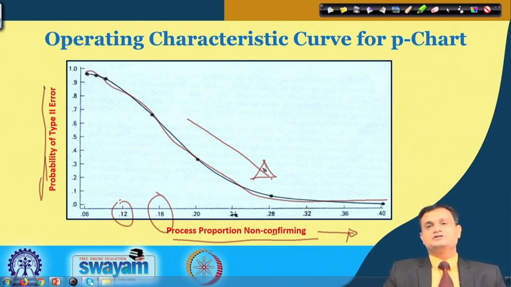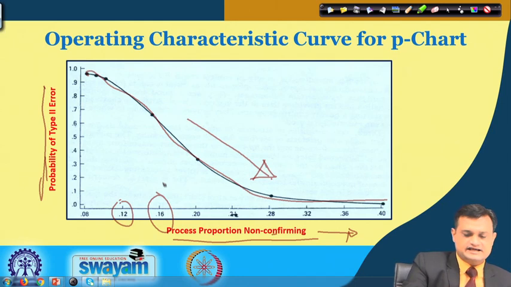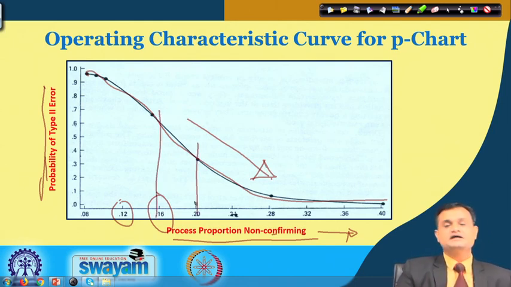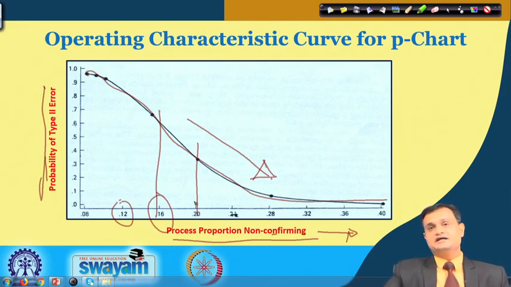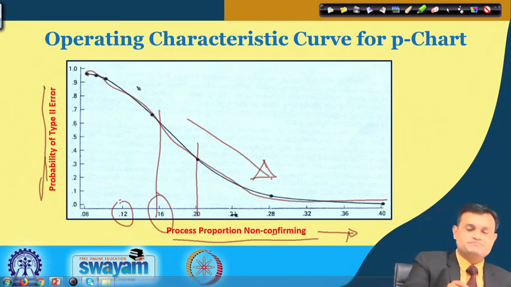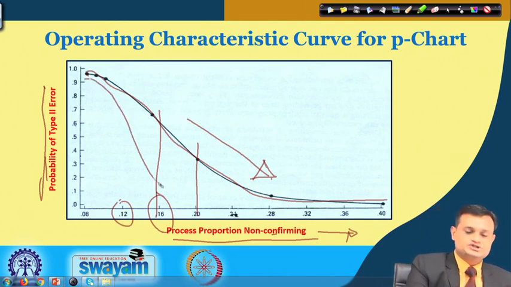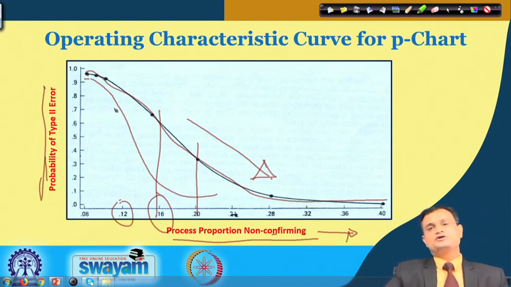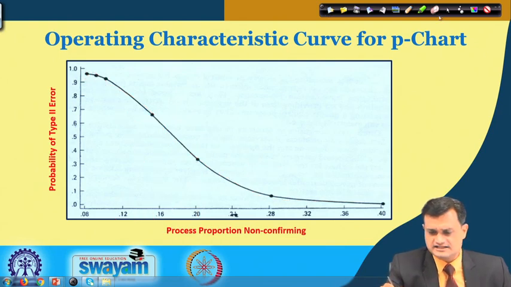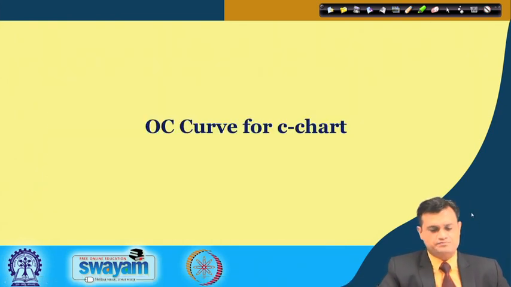So, I will have better quality, better goodness of my control chart, and up to, let us say, 0.16 or up to 0.20 my type 2 error is high. If you want to make it steeper, then obviously you can choose a higher sample size and you will have a steep OC curve, and this would give you better discriminatory power. So, this is what we can say about the P chart.